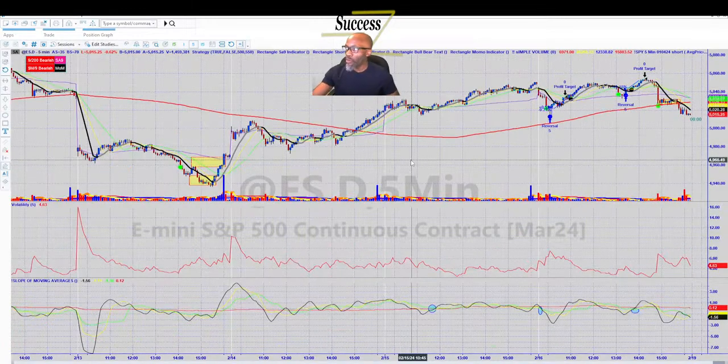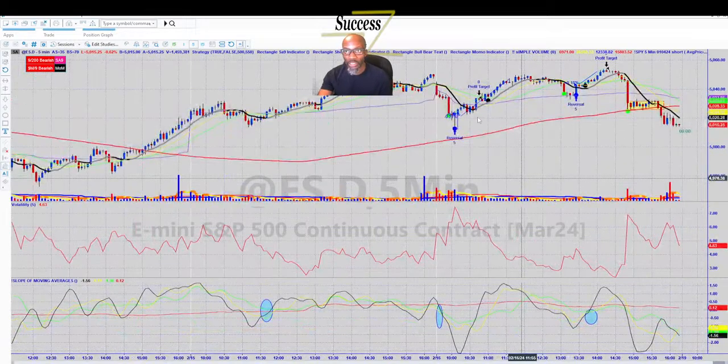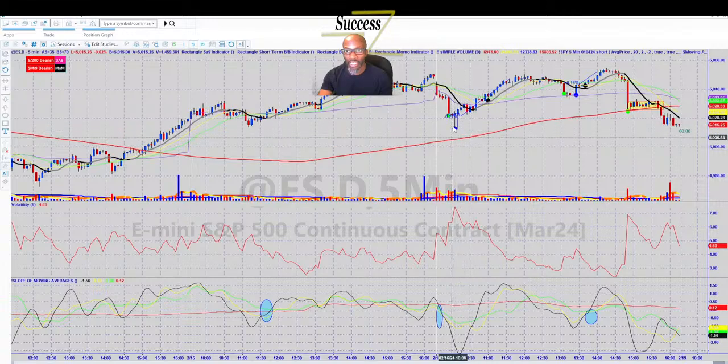Oh, one other thing that I want to do today, I said earlier that we're going to look at making arrows. So instead of having these dots right here, we're going to turn the strategy off. And instead of having these dots right here, I want these to be arrows.